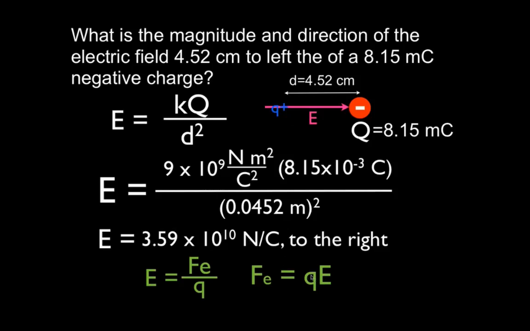If I was to put 2 coulombs right here, then the force would be 2 coulombs times the electric field, and that would be 2 times 3.59 times 10 to the 10th newtons. If I was to put half a coulomb here, then it would be half a coulomb times the electric field, which would be half of this value, 10 to the 5th.